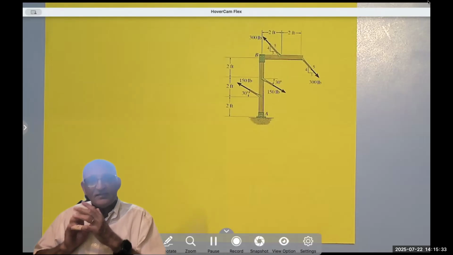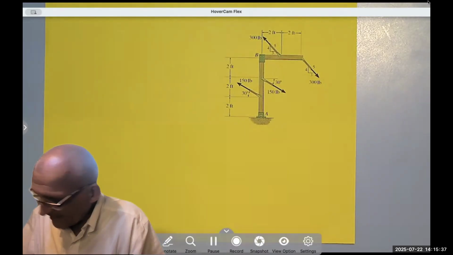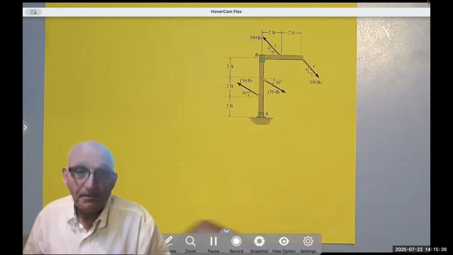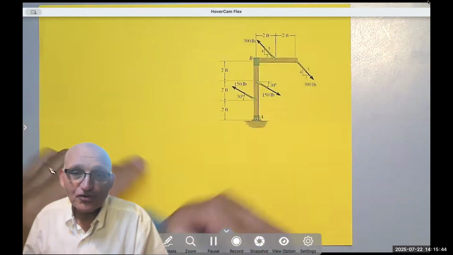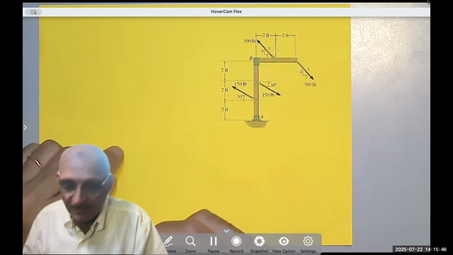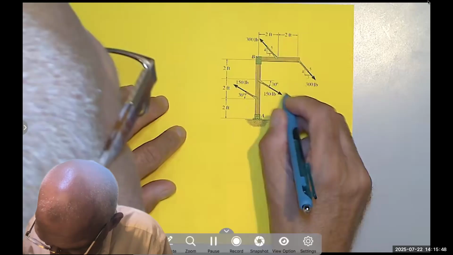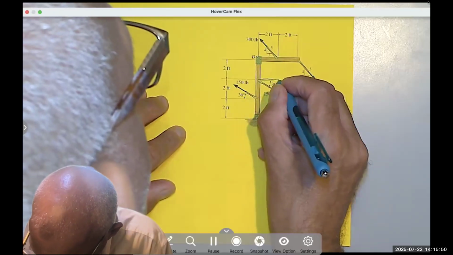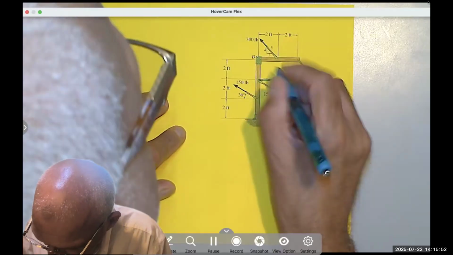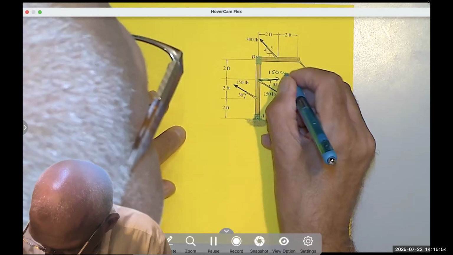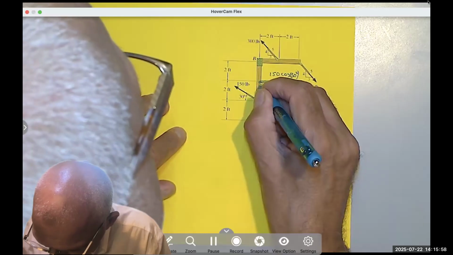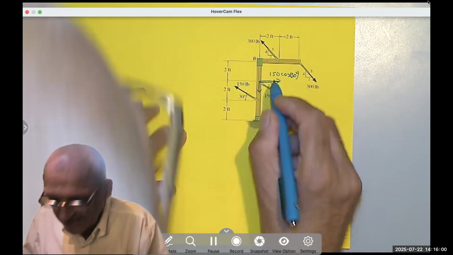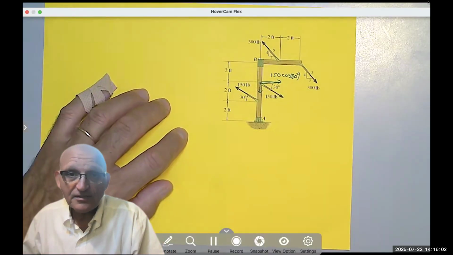I want you to look at how these are located. If I look at this couple, you know that I can resolve these two forces into their components, right? So if I resolve this force of 150, I will get a horizontal force of magnitude 150 cosine 30 and a vertical force going down of magnitude 150 sine 30.